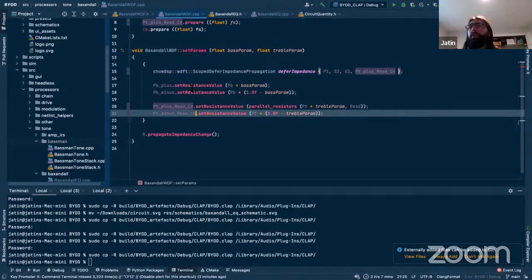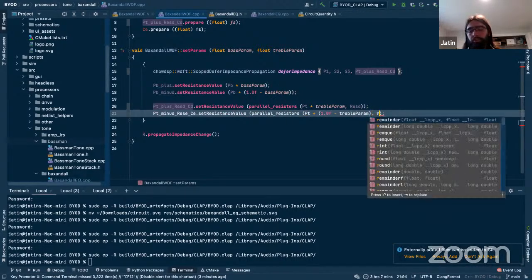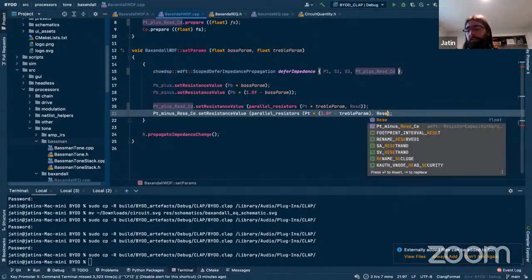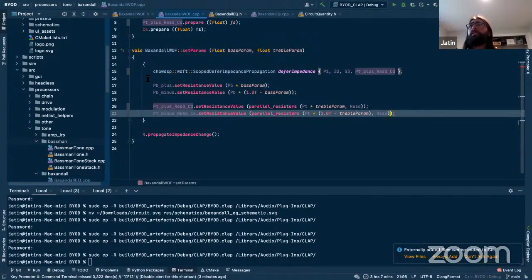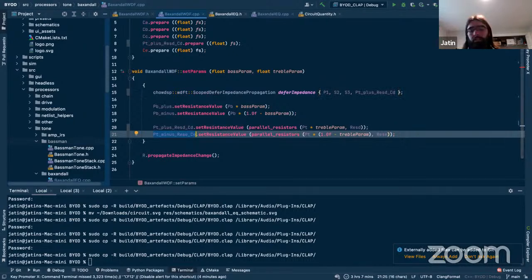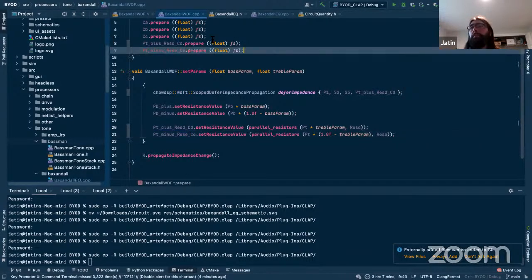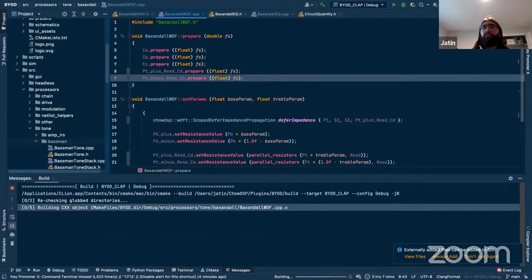So we want to do that. And this should again be a couple of parallel resistors, this time with res E. And yeah, there we go. So let's make sure that that still works correctly.